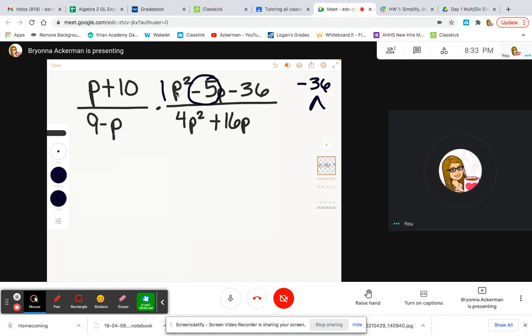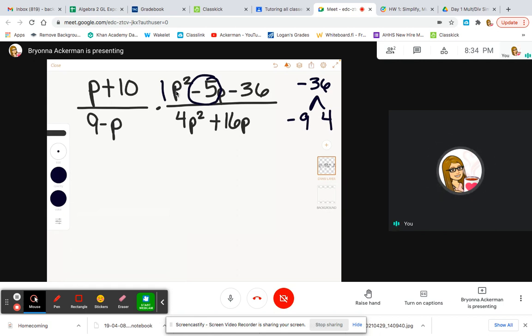So what times what? We can do 9 times 4, that's going to work. So we're going to want negative 9 times 4, because negative 9 times 4 is negative 36, but then if I add those together, I'm going to get a negative 5.